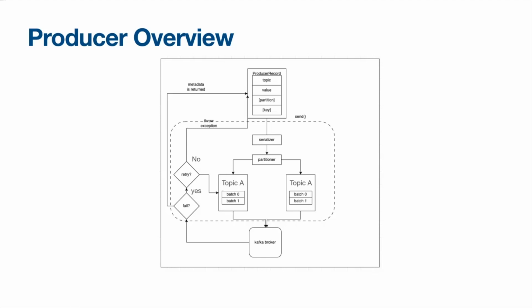Then once the data is serialized, if you are sending the partition value, then by default the data will be written to the partition that is specified by you. Or if you are sending a key, then this key will influence the partitioning of your Kafka topics.